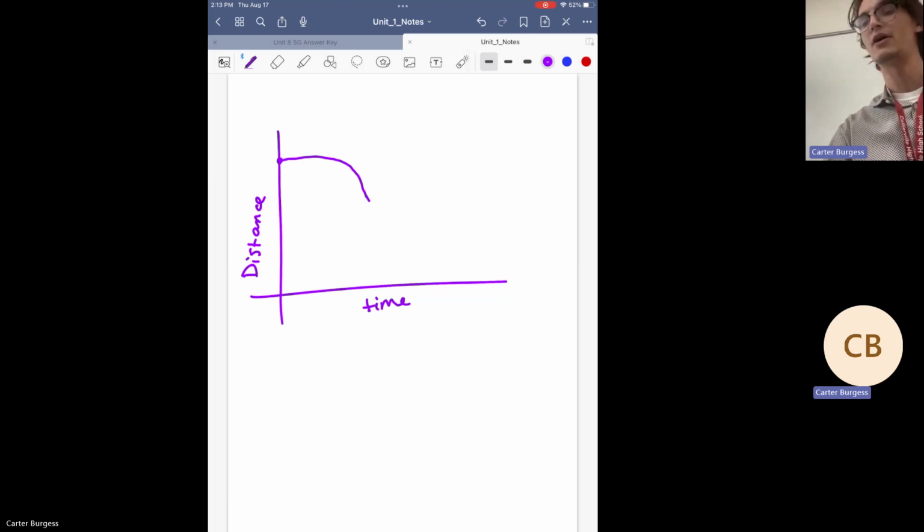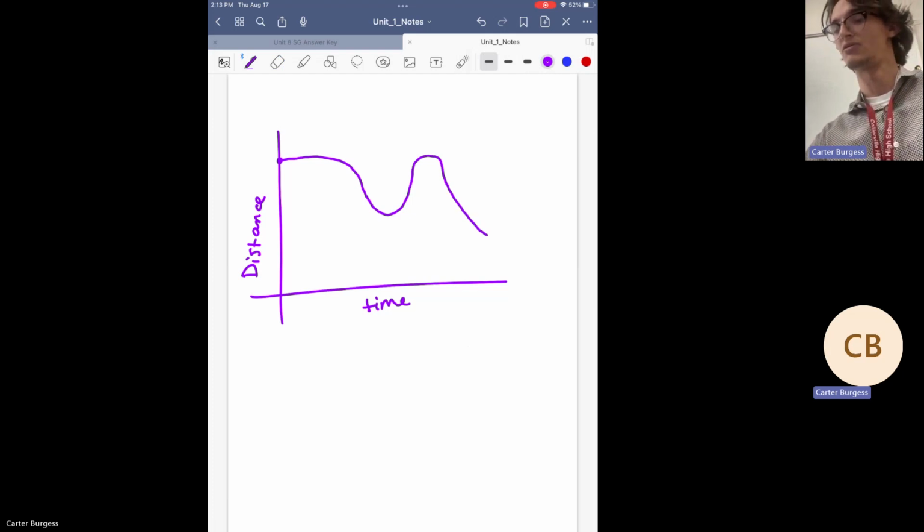But then all of a sudden I remember, oh, I forgot my laptop back at home. So I have to turn around and go back home and grab my laptop. And then I have to really speed to get in at a somewhat reasonable time before finally arriving at school.